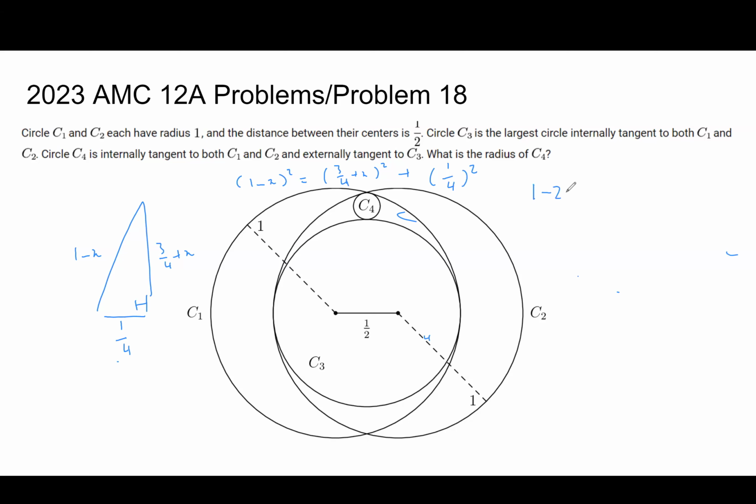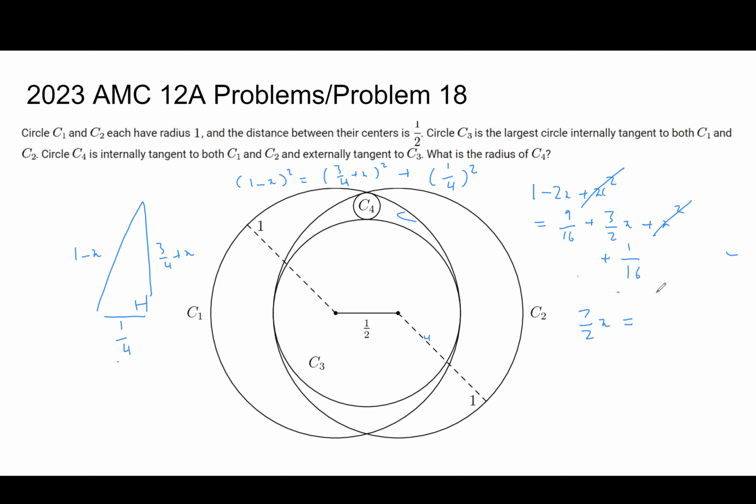So just doing some algebra here, we get 1 minus 2x plus x squared equals 9/16 plus 3/2x plus x squared plus 1/16. So these cancel, right? And then I have 7 over 2x equals 1 minus 9 minus 10.